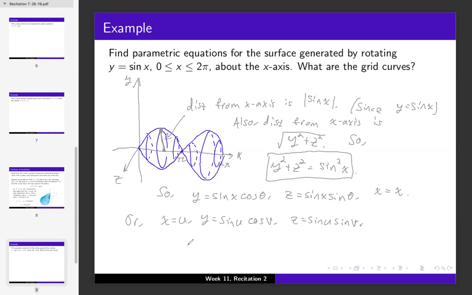Where u is between 0 and 2 pi, and v is also going to be between 0 and 2 pi, because that's rotating the surface all the way around. Oops, sorry.